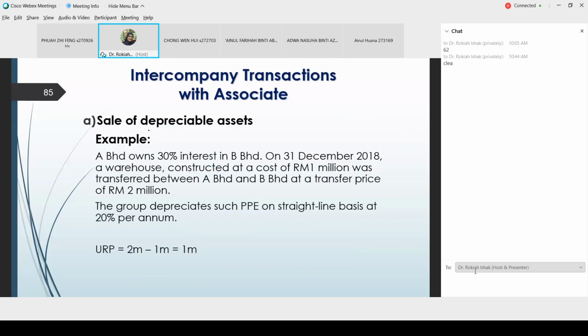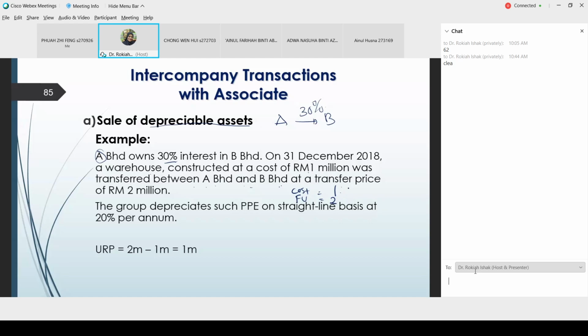For example, here we have a depreciable asset. A owns 30% interest in B. A only has 30%, so it cannot control, it's only an associate. On 31st December, a warehouse constructed at a cost of 1 million was transferred between A and B at the transfer price, or selling price, or fair value, of 2 million.